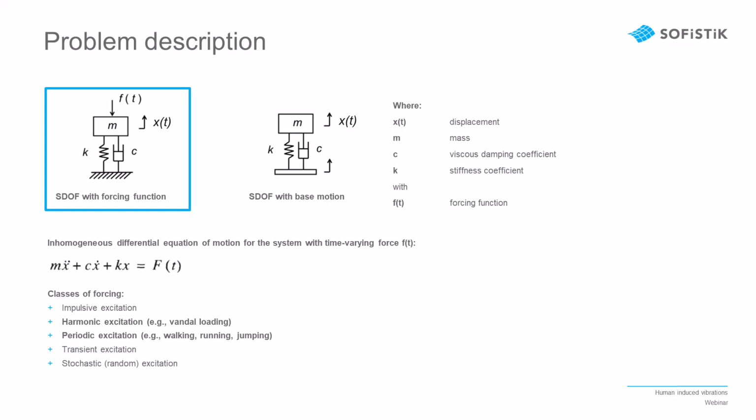We have then a harmonic excitation, which can be caused in a number of ways, for example, as a result of out of balance rotating machinery. But for our application, it can also represent vandal loading.